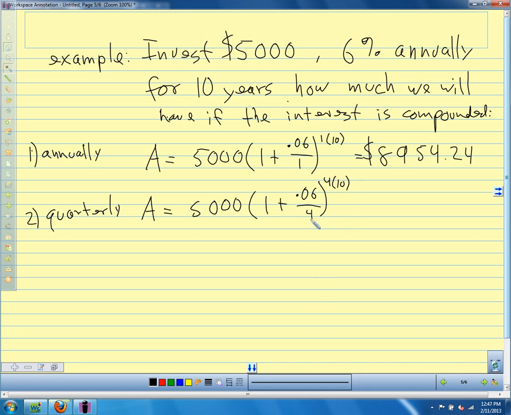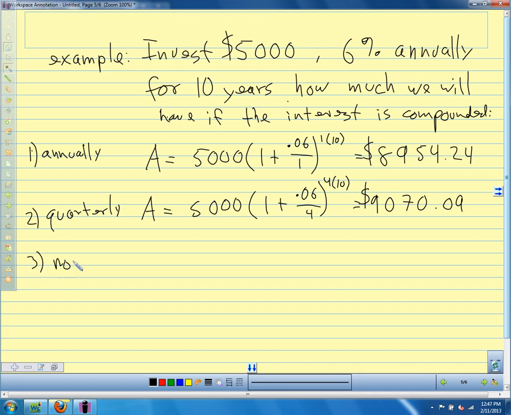So n here is 4. Our time is still 10 years. I'm going to divide 0.06 by 4, add it to 1, raise it to the 40th power, and then multiply by 5,000. And you should get 9070.09. So just a little bit more money if we compound quarterly.